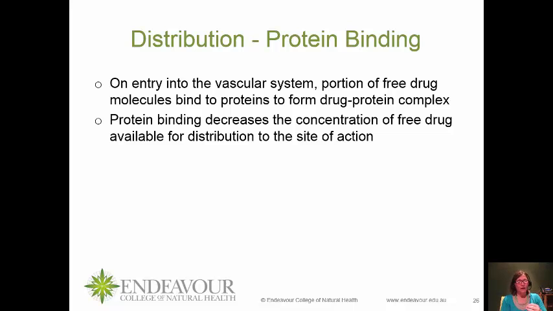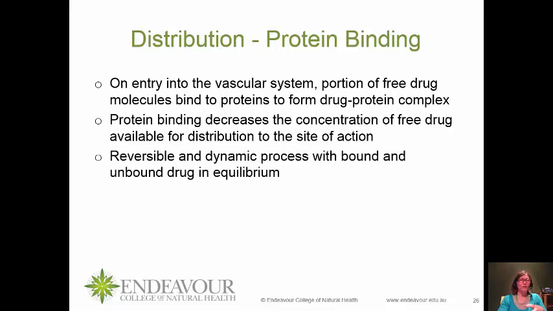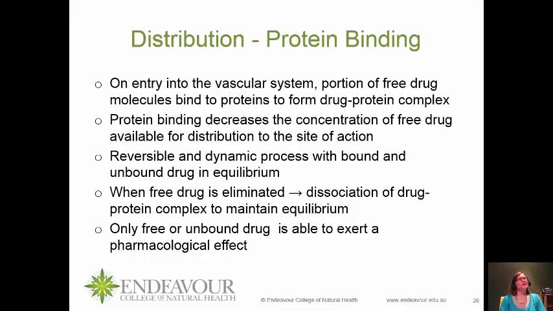It's only the free drug that can bind, but often that drug-protein complex is a reversible complex, and so the bound drug can be redistributed in a dynamic process to the systemic circulation and thereby to its target molecule. So that dissociation, it's an equilibrium. It's only the free drug that has its action and is therefore bioavailable. So we're saying distribution to these protein binding sites can affect bioavailability, but it is this equilibrium.